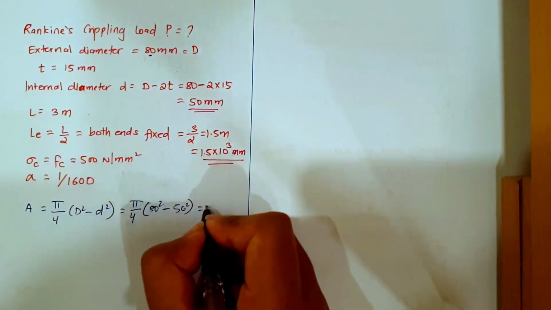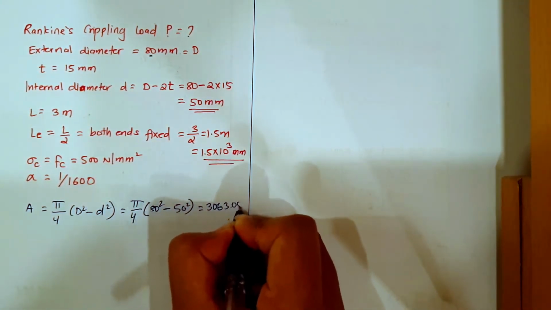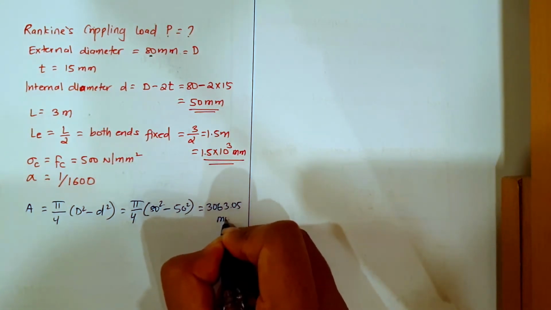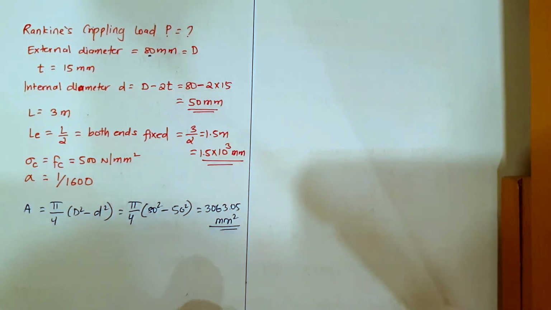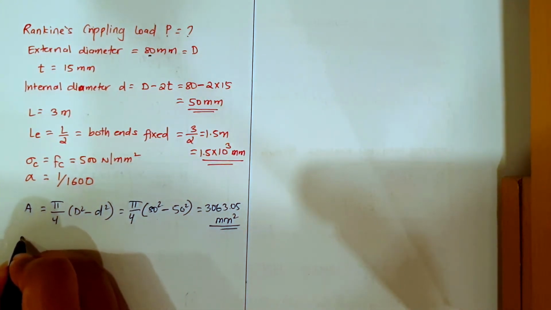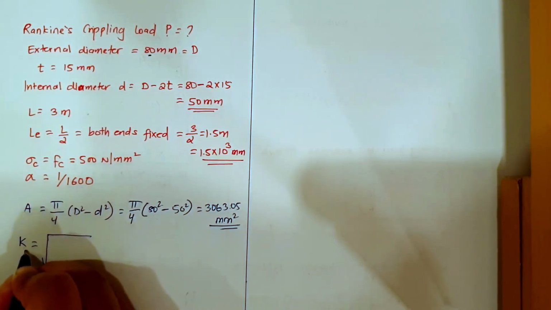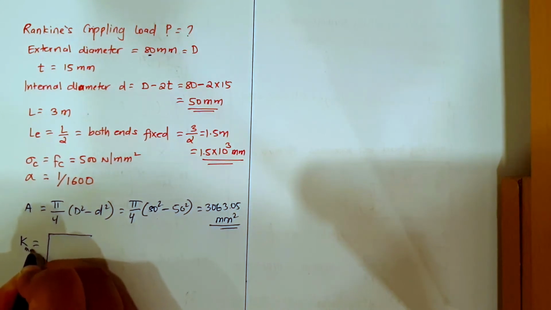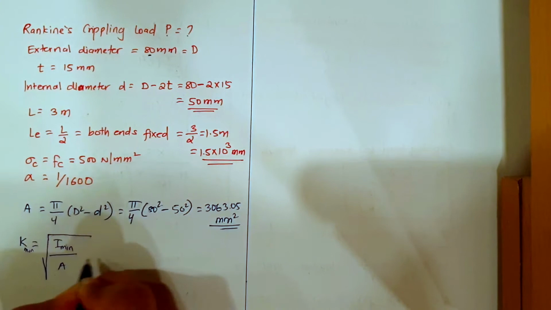So from here area will be equal to 3063.05 mm square. Okay, this is the area. Now if I find K, it will be K minimum. Okay, this is K minimum, here will be equal to I minimum by area.